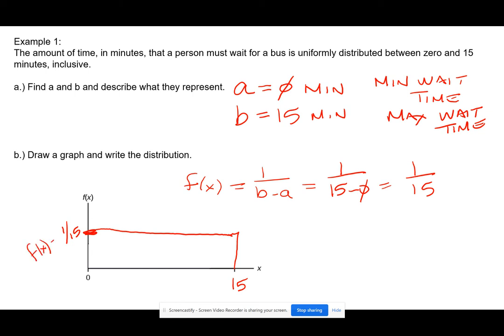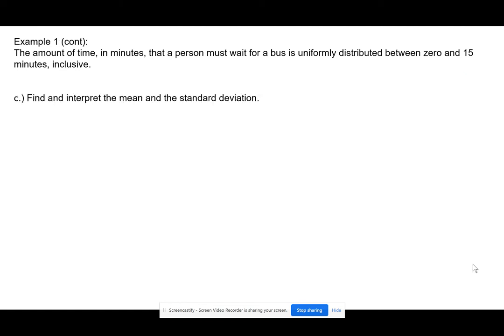All right, let's write it out. We know that x, the random variable x, is distributed uniformly across the interval from 0 to 15. So if you're asked to write the distribution, this is what that looks like. Let's talk about the mean and standard deviation. Well, the mean, mu sub x, is equal to a plus b over 2, which in this case is 0 plus 15 over 2, which is equal to 7.5.